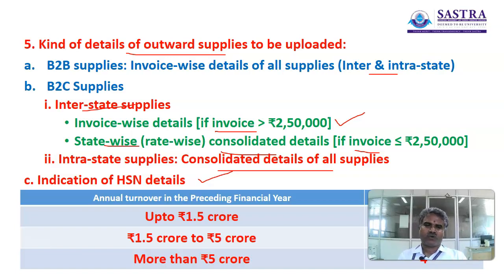Up to 1.5 crore, no HSN number. If your turnover exceeds 1.5 crore, a 2-digit number you have to give. More than 5 crore, a 4-digit number you have to give. But all are available.